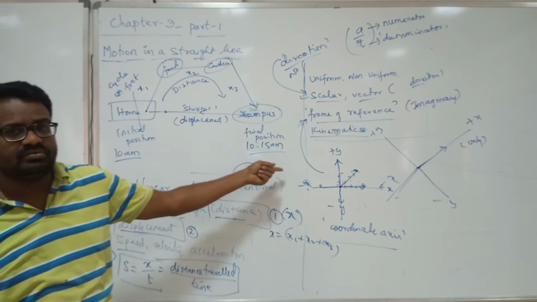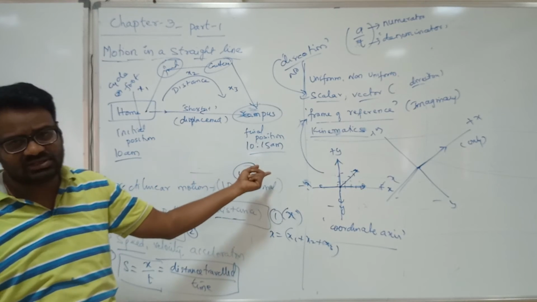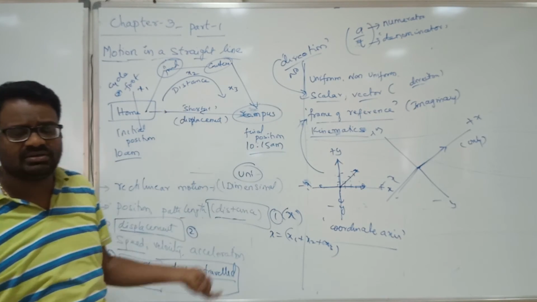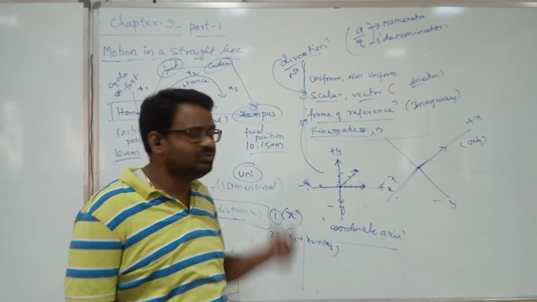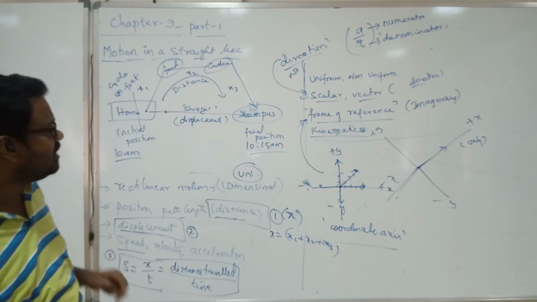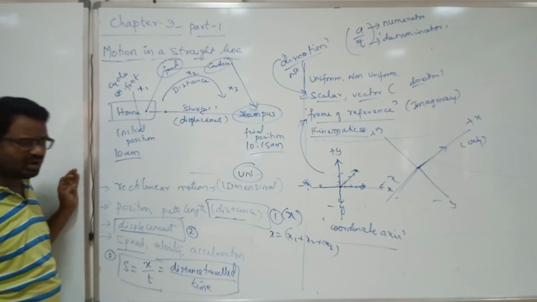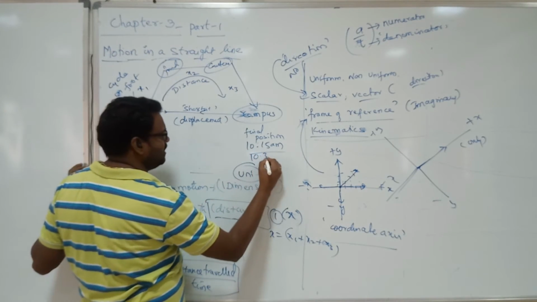Can he come in 5 minutes? A person who is cycling cannot come in 5 minutes. How can a person moving on foot reach within 5 minutes? So obviously the person who is moving on foot will take more time. Let me say he is taking until 10:30.